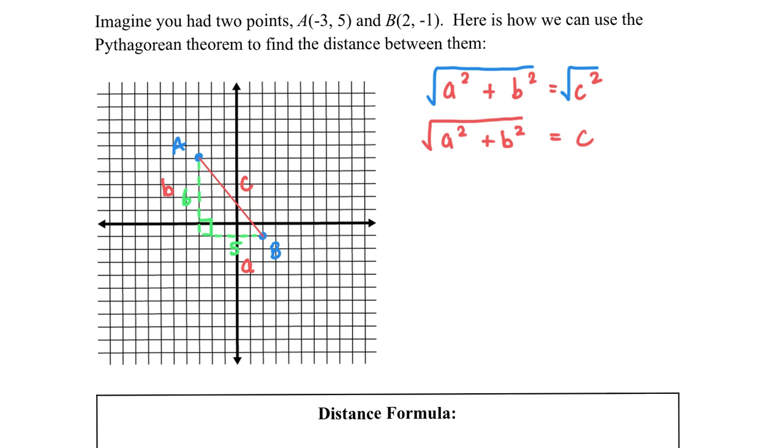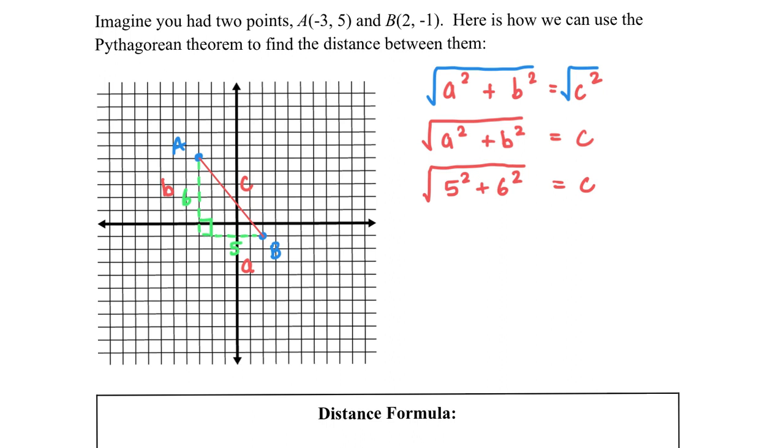All right, but that's beside the point. Let's keep going. So what was A? A was 5 and B was 6. So you could go in your calculator and type in, as long as you type it correctly, the square root of 5 squared plus 6 squared, and that would give you C.